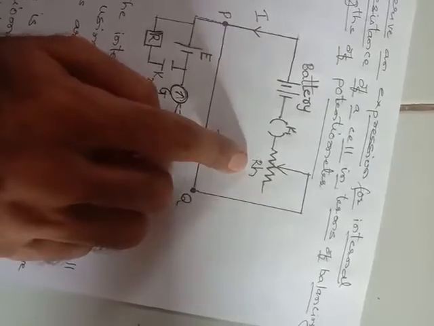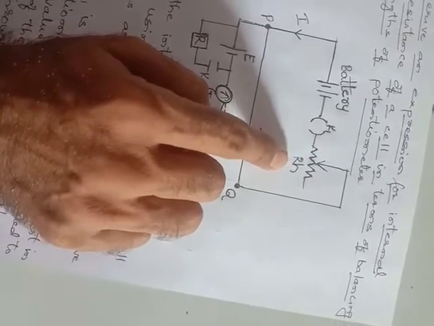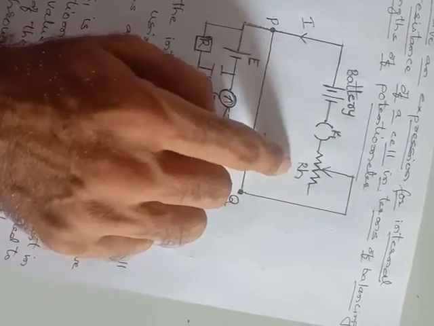What is the function of rheostat? Function of rheostat is to increase or decrease the value of resistance. By increasing or decreasing the value of resistance, we can control the current flowing in this circuit.